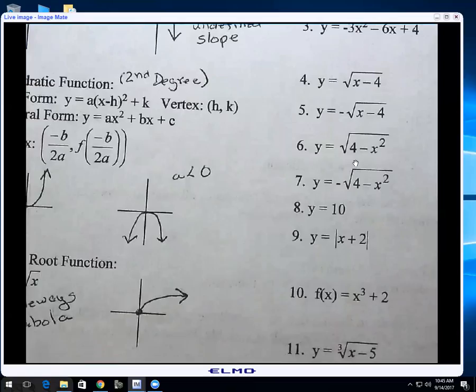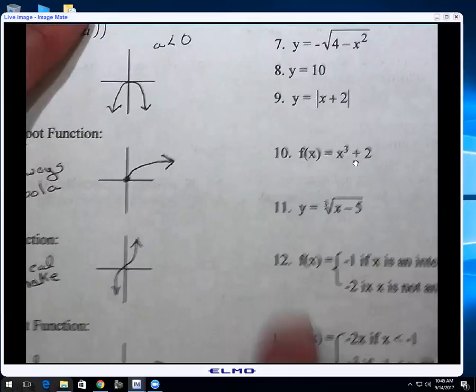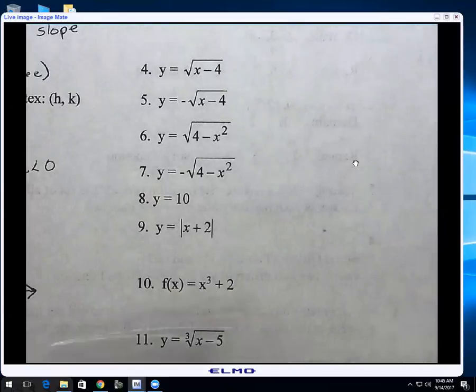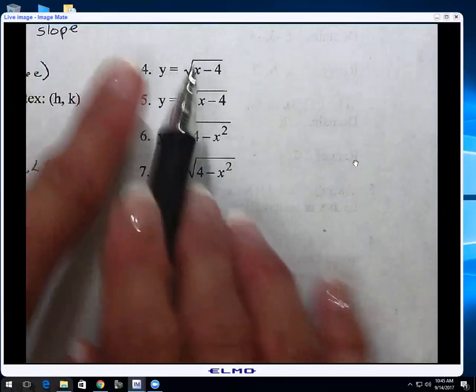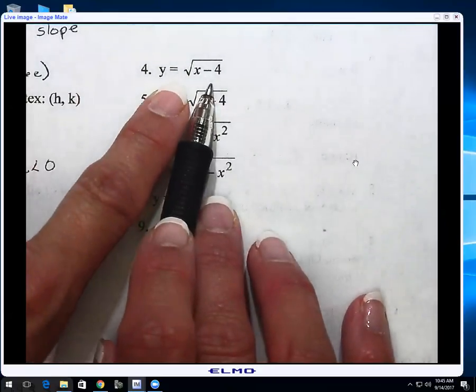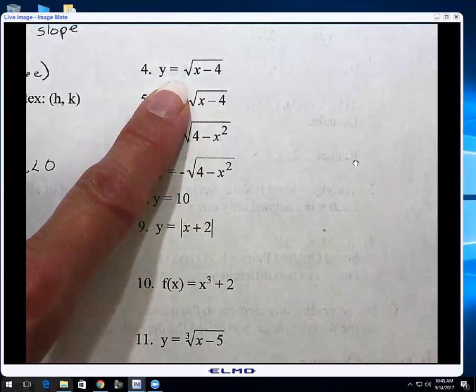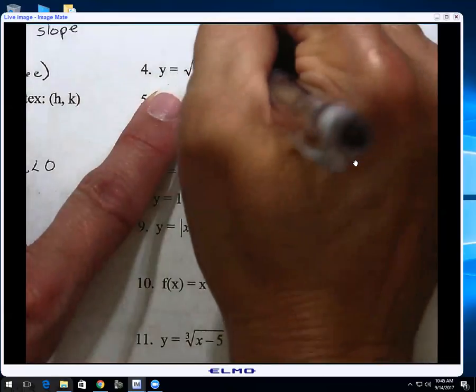So the only other thing, and we're going to have time to do maybe everything but these last two, we may not have time to talk about them, but when I see number 4, I automatically recognize square root of x is half of a sideways parabola.